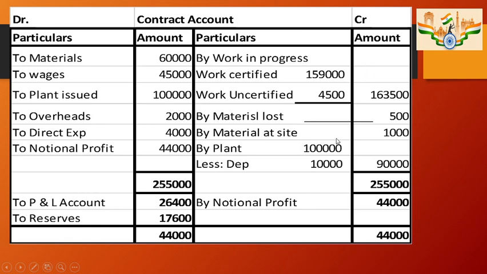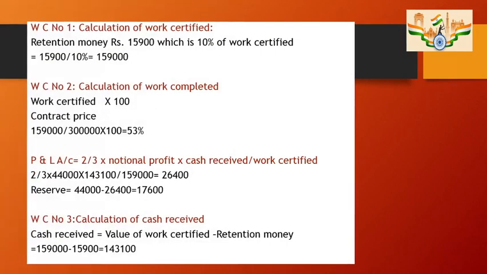So we have total this 2,55,000, in 2,55,000 we have minus 60, 45, 1 lakh, 2,000, 4,000. So notional profit is 44,000. So by notional profit brought down, that is 44,000. You are already aware some part of the notional profit will be transferred to P&L account and remaining part will be to reserves. How this has to be calculated I will show in the next slide.